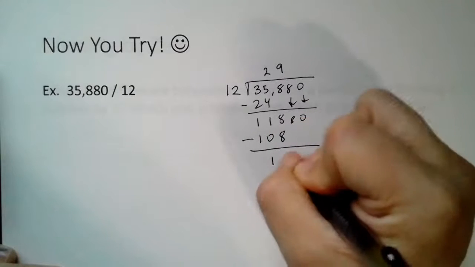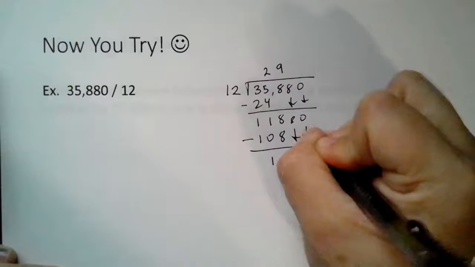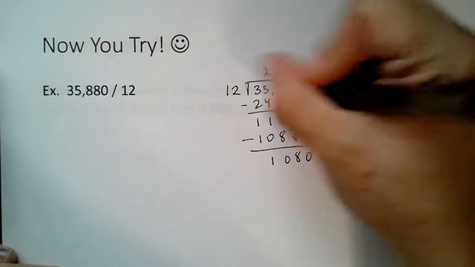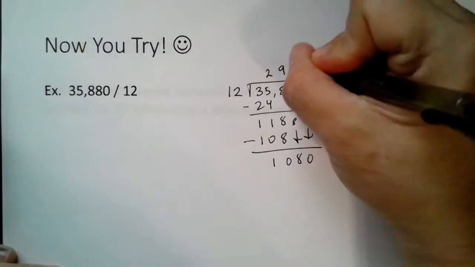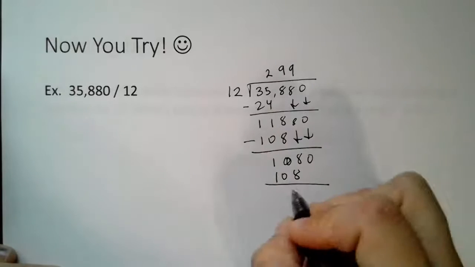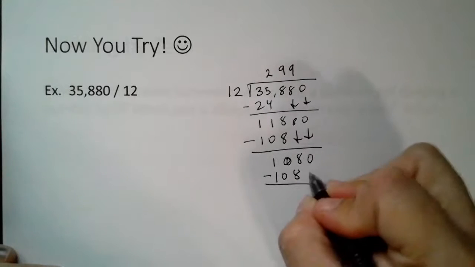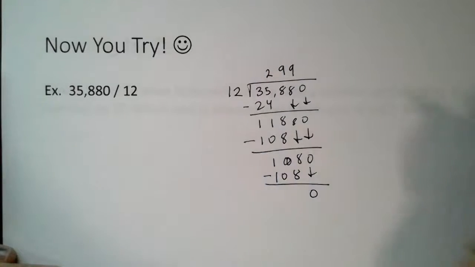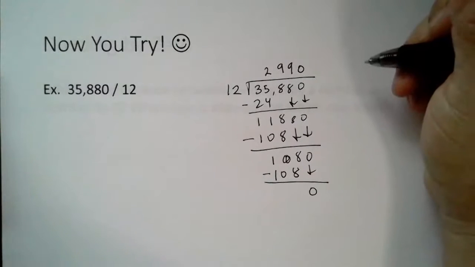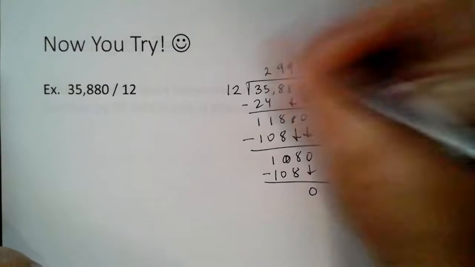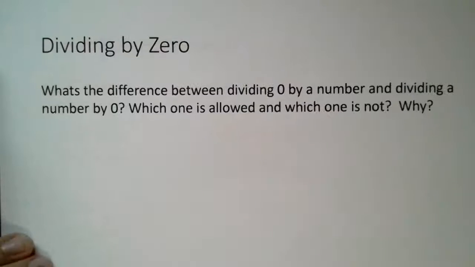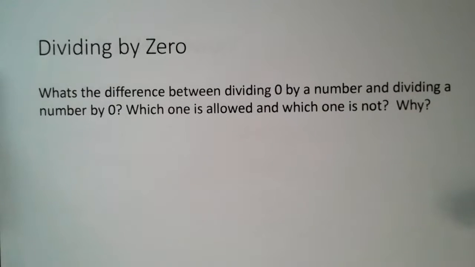That gives us 1080. We bring down the others. So 12 goes into 1080 exactly, because if we ignore the 0, we know that it goes in 9. So that's 108 here. Sorry, this is a 0. And then subtracting, this 0 just comes down, and your remainder is 0. So then this is a 0 as well. So your answer is just 2,990. Good job.